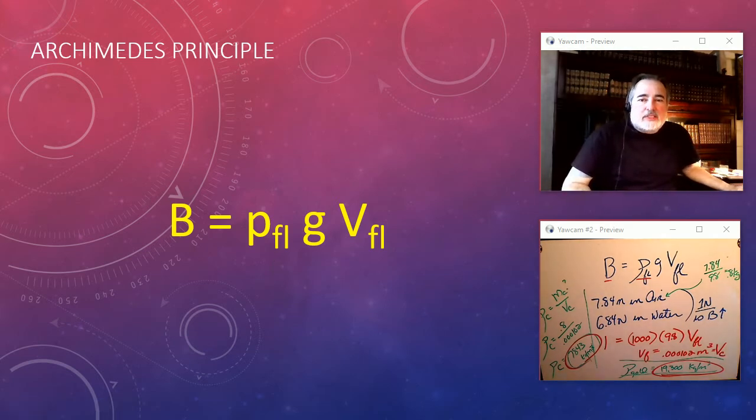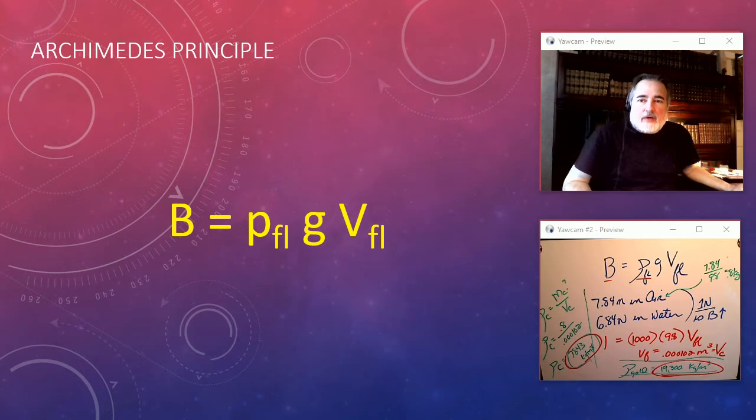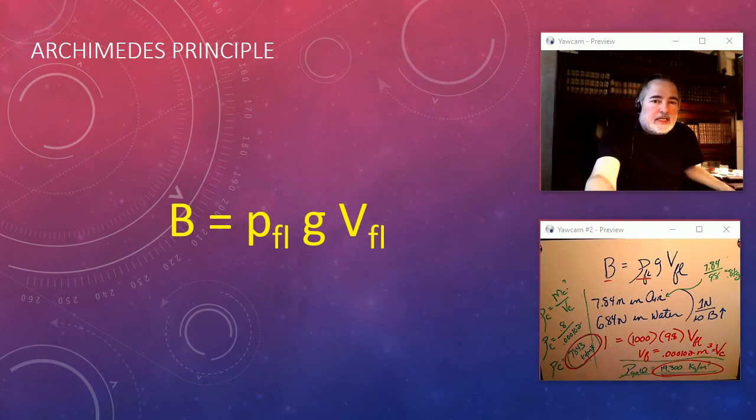It's the density of the fluid displaced. Now, the volume of the fluid displaced can be equal to the volume of the crown if it's totally submerged. The object, whatever it is, it could be a crown, could be anything, right? But the density of the fluid displaced is what matters to the buoyancy.